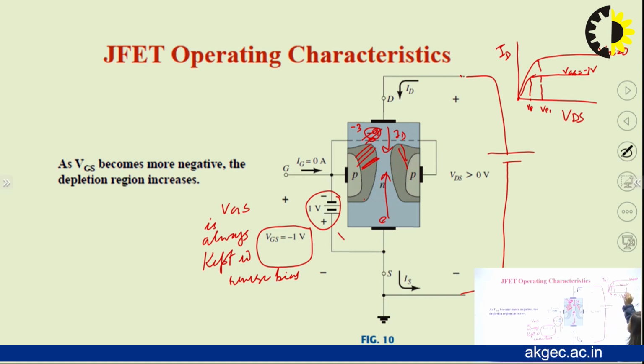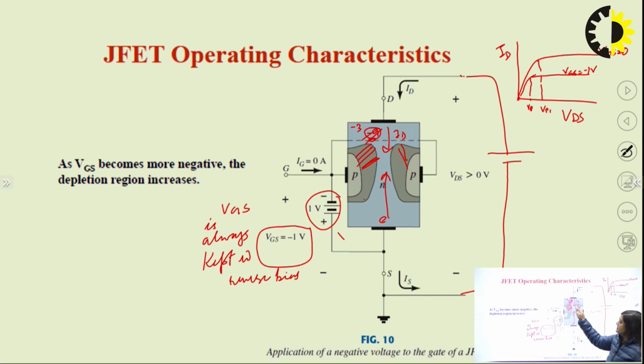So by applying VGS at a negative potential, VGS at reverse bias, we can analyze two factors: the depletion layers will touch each other earlier, which means the pinch off voltage VP will be reduced, shifted towards the left side. This saturation level will come earlier than in the previous case.